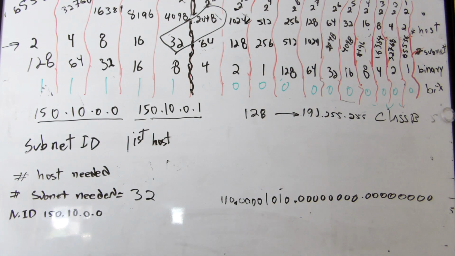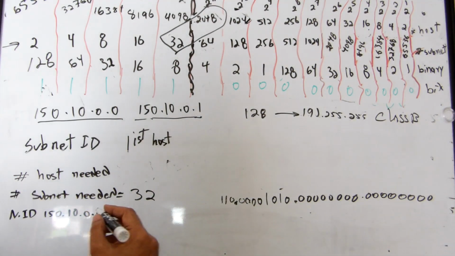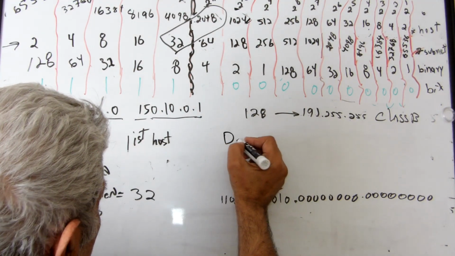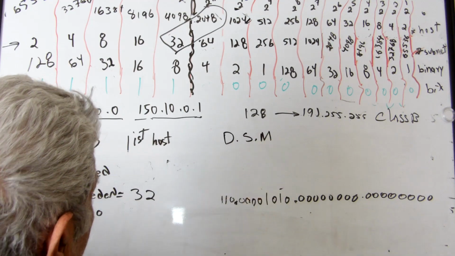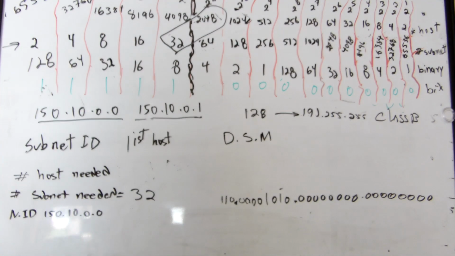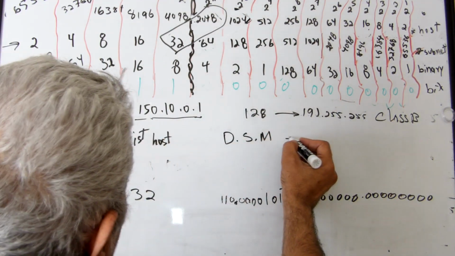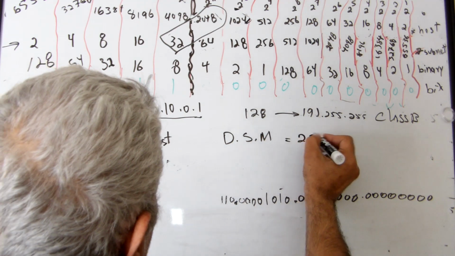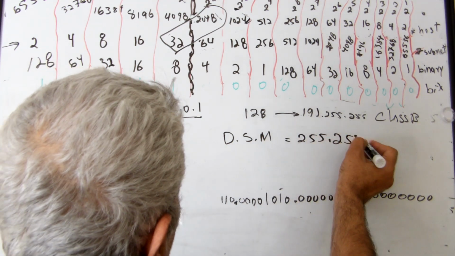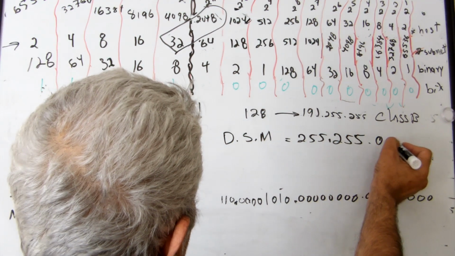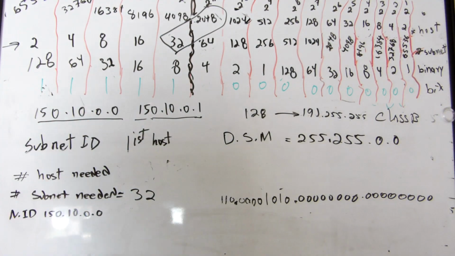And then they ask you some questions. Okay, what's the default subnet mask? The default subnet mask for this one is 255.255.0.0.